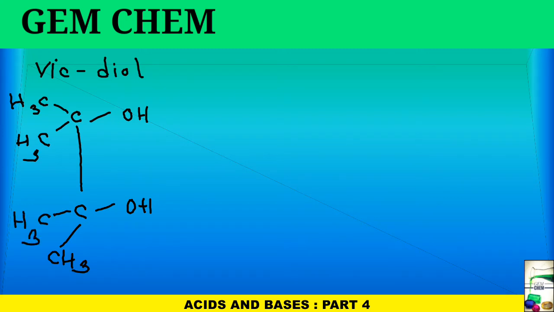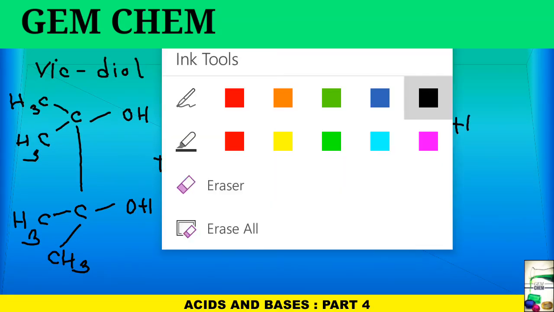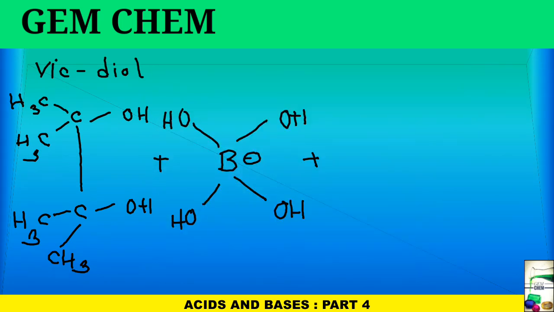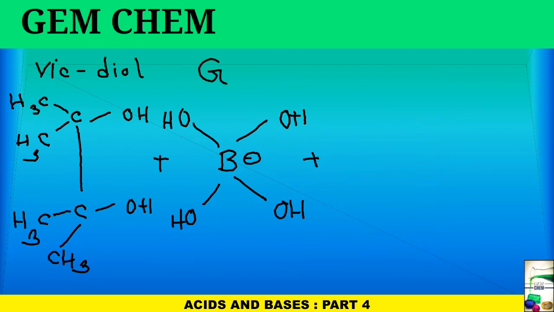And if we try to react it with B minus OH, this compound is produced in the aqueous medium. So we are reacting it with this one. Another molecule of vicinal diol is taken, and you have to remember that this is glycerol. This particular diol is known as glycerol.